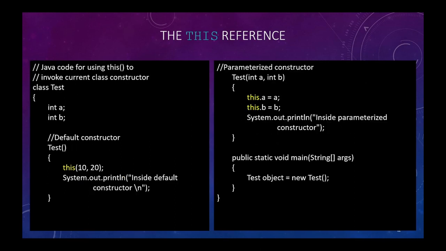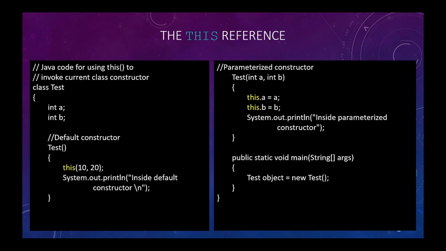Let's look at another example. You can also use this for constructors. So in this example, there are 2 different constructors. Okay, there's a default constructor and there's a parameterized constructor. The parameterized constructor is exactly what we just looked at.